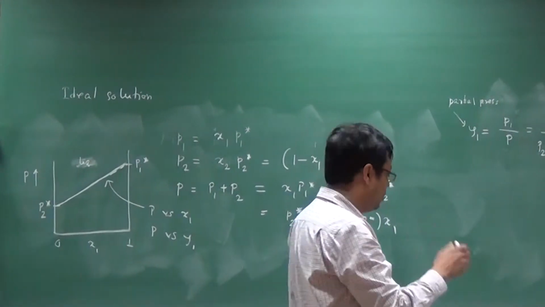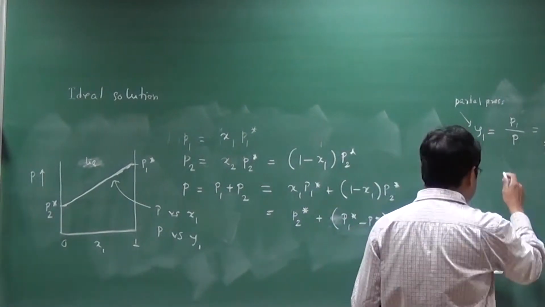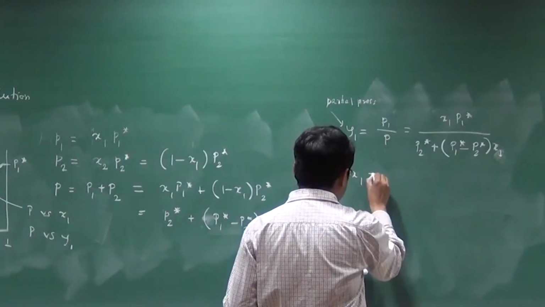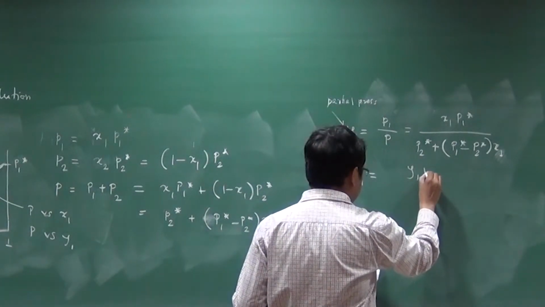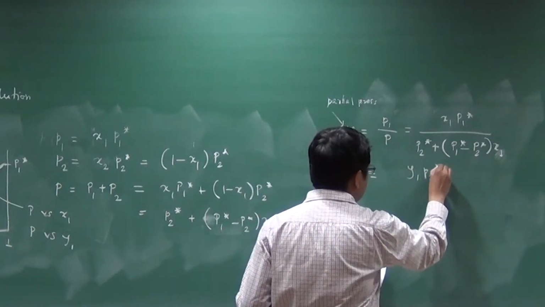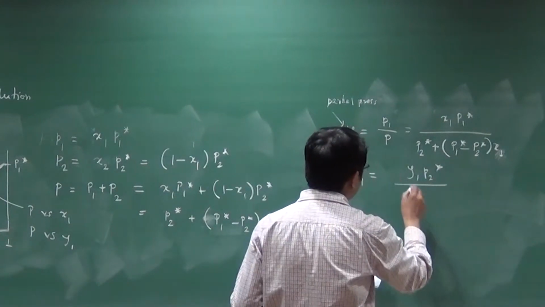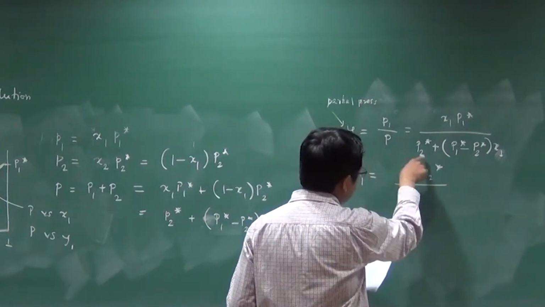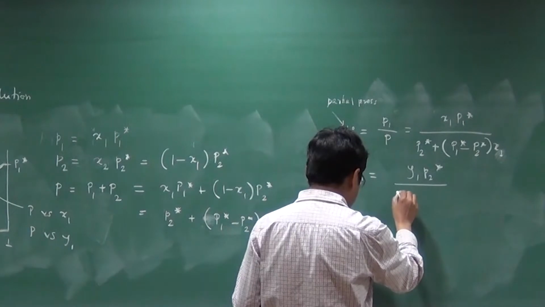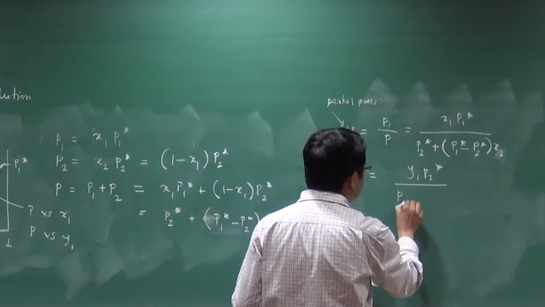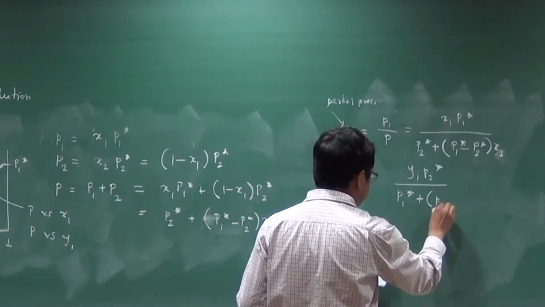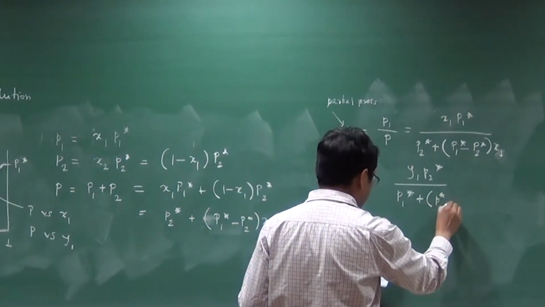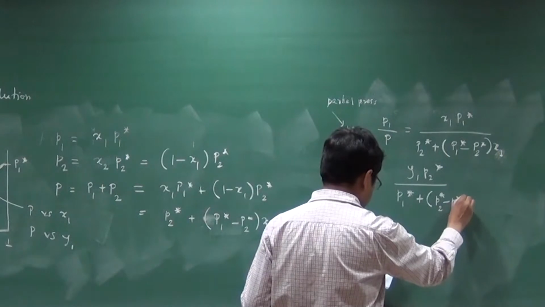If you do it, finally you will get something like x1 is nothing but y1 P2 star, and then you should have P1 star plus (P2 star minus P1 star) times y1.